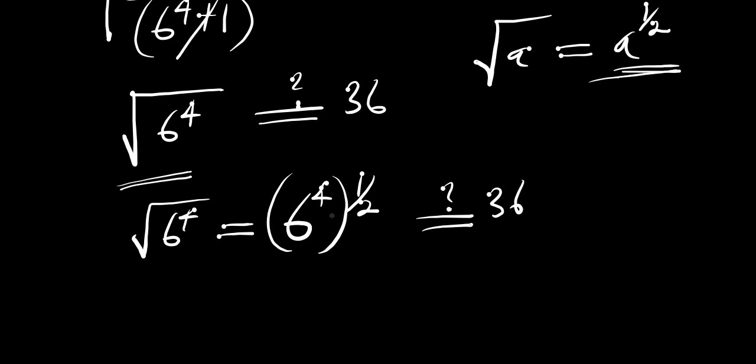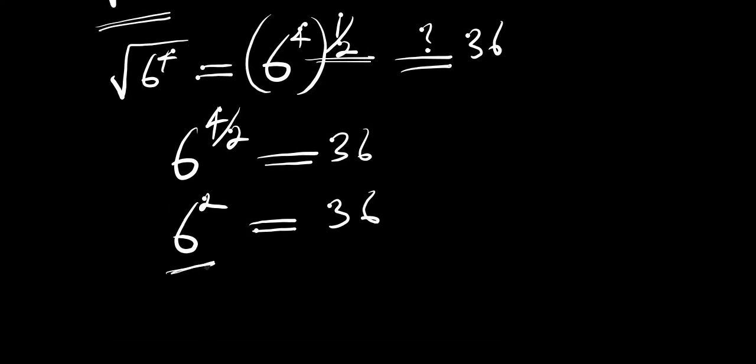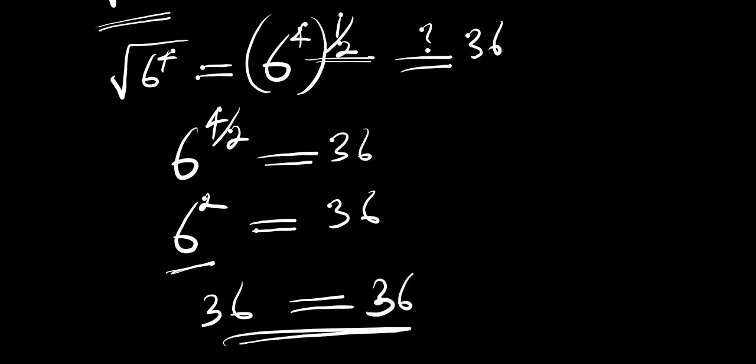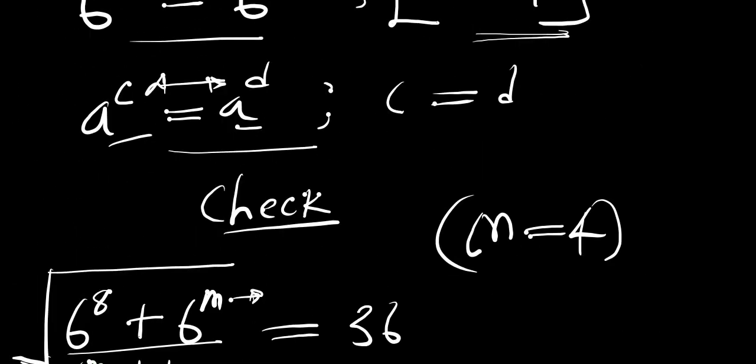So if you multiply out the exponent, we are going to have 6 to the power of 4 divided by 2. And 4 divided by 2 is 2, so we have 6 to the power of 2. And this equals 36, because 6 to the power of 2 is simply 36. So that means m equals 4 actually satisfies the equation.